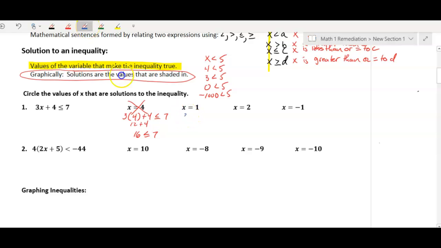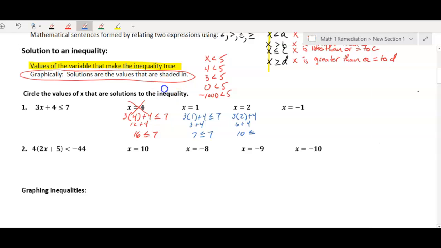If I look at 1, 3 times 1 plus 4, is that going to be less than or equal to 7? Well, 3 plus 4 is 7. 7 is less than or equal to 7 because this little line here tells me they're equal. X is equal to 2. If I plug that in, 3 times 2 plus 4, it's going to give you 6 plus 4, which is 10.